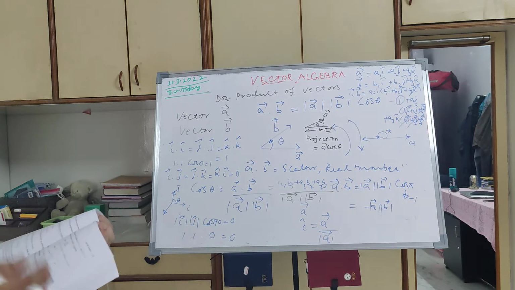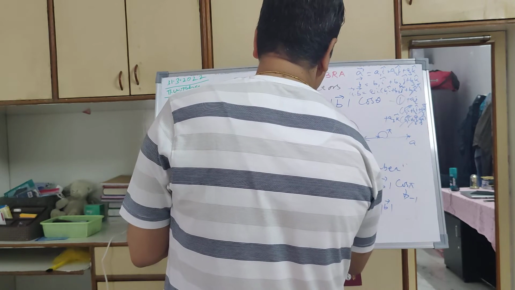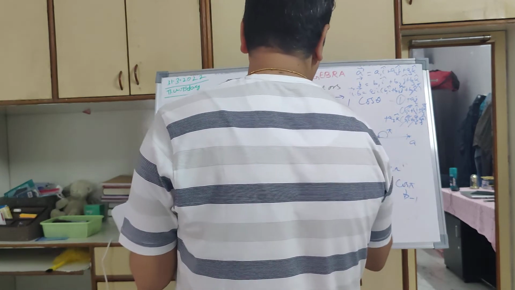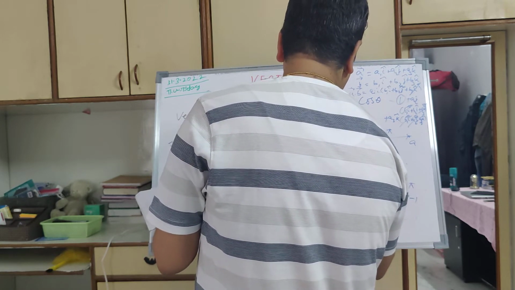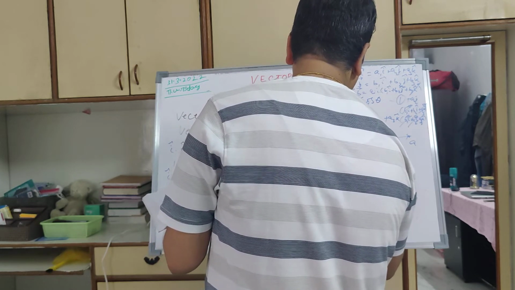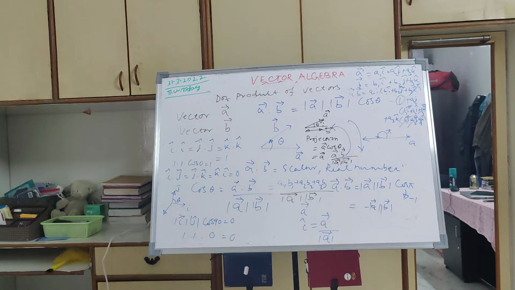So if we don't know the angle between the two, but you want to find the projection, you have to transpose. So this cos theta is nothing but A dot B by magnitude of A, magnitude of B. You will get it when you transpose from the dot product formula.